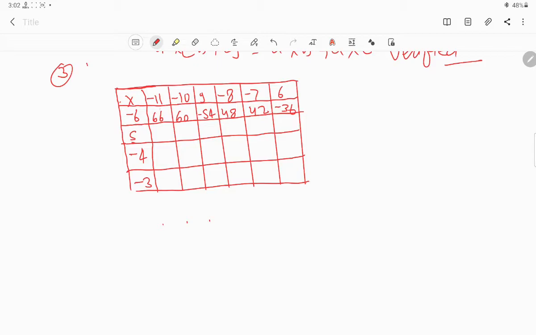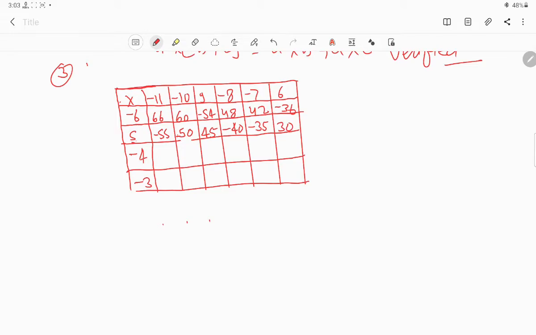See, take 5 and multiply by minus 11: minus 55. 5 into minus 10 is minus 50. 5 into minus 9 is minus 45, 5 into minus 8 is minus 40, 5 into minus 7 is minus 35, 5 into minus 6 is minus 30.